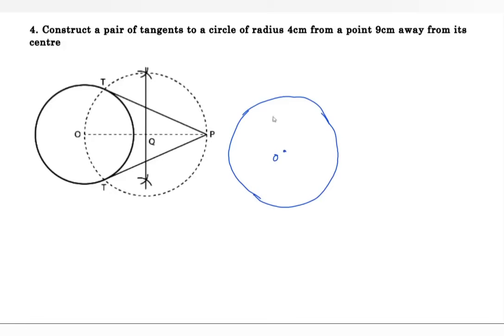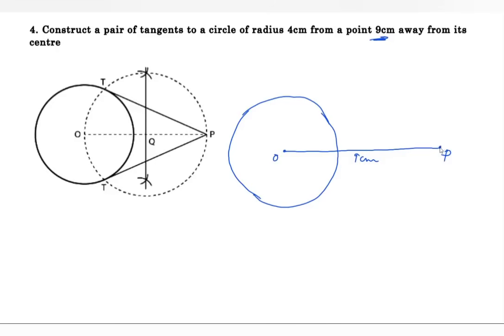Now students, first step is draw a circle of radius 4 cm. What is the distance? Distance is 9 cm. From the center, draw a line segment of 9 cm. What is the length of this line segment? It is 9 cm. Now what is the next step?